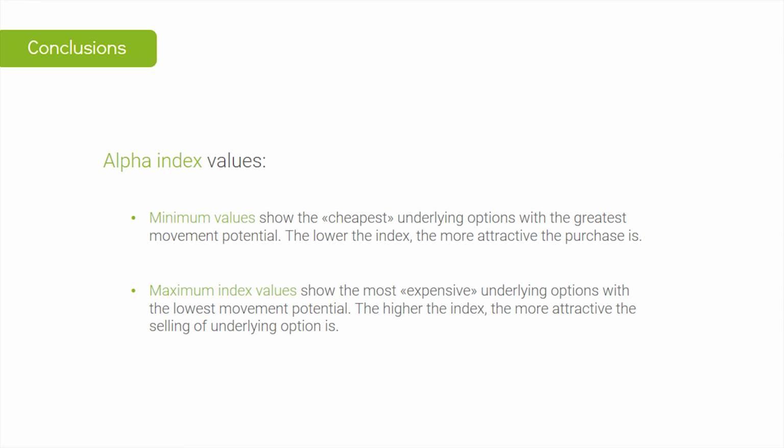As an additional filter, it's recommended to use implied volatility. If alpha index is low and implied volatility is around 6-12-month lows, it can be an excellent buying opportunity. The best signals for selling options are formed when the stock is in the alpha top and implied volatility is around 6-12 months highs.